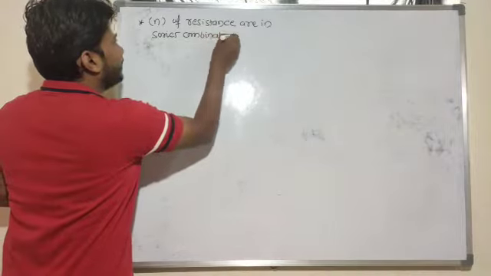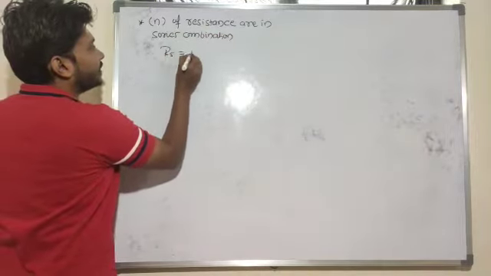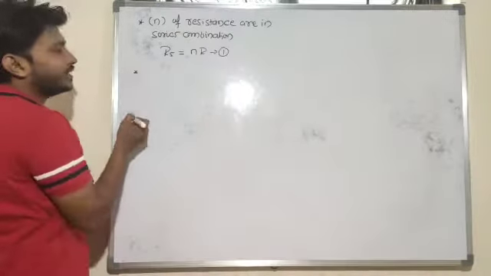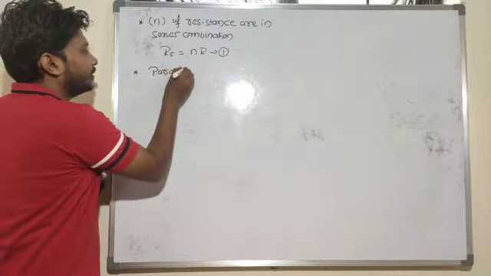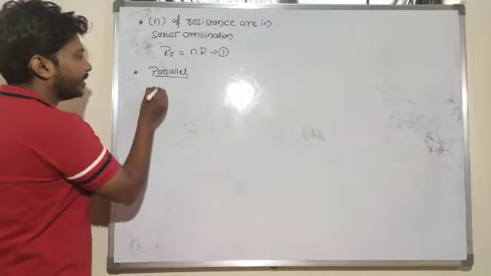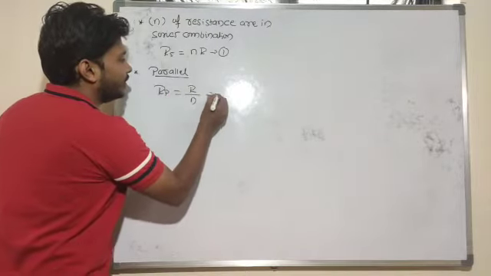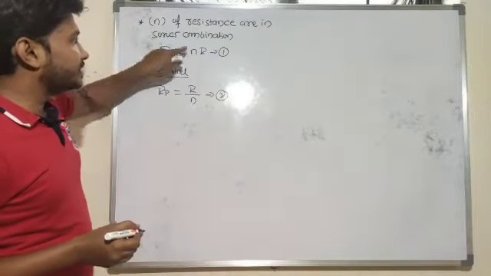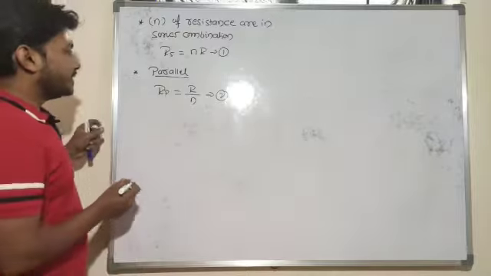Then the effective resistance is n into R. If they are connected in parallel, R of P is equal to what? R by n. So n resistances in series give n into R, and in parallel give R by n.